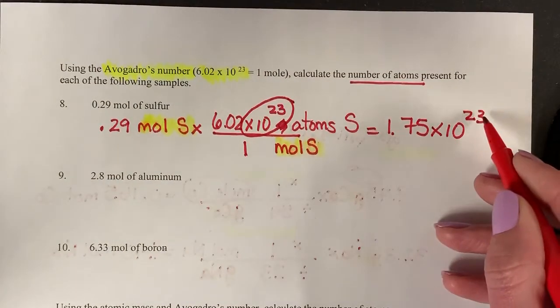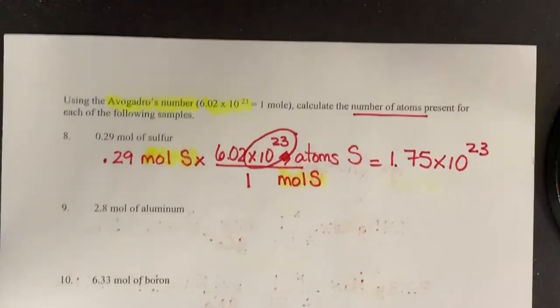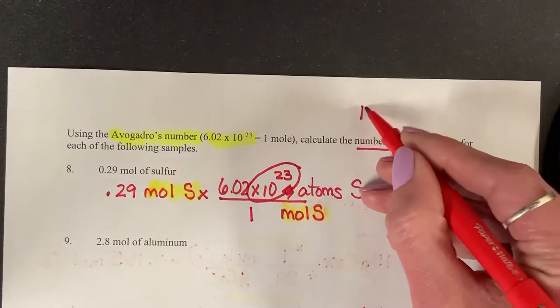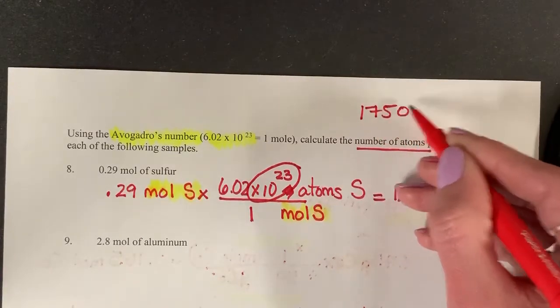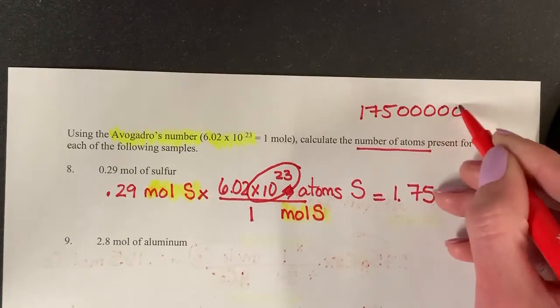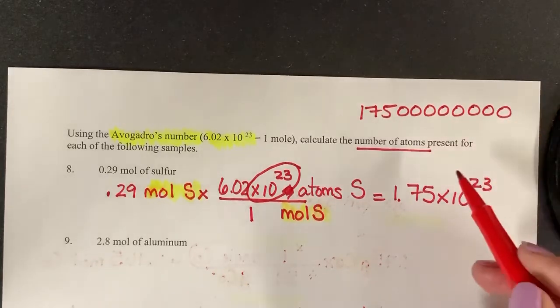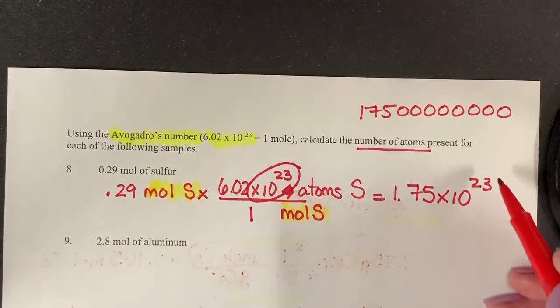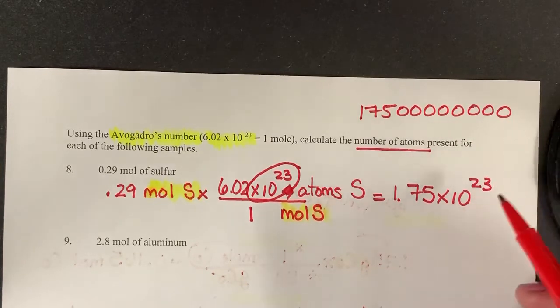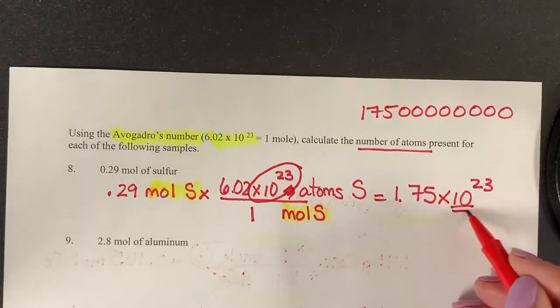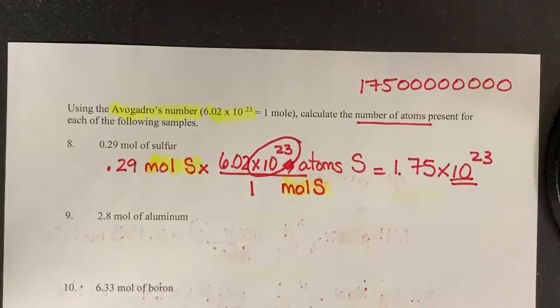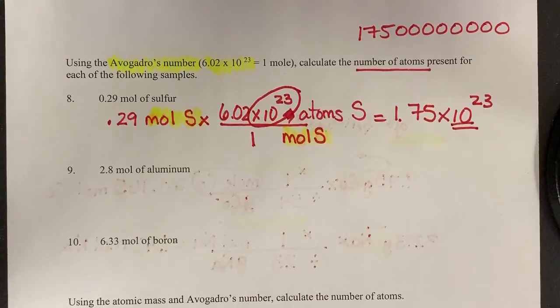This 10 to the 23rd is the same thing as saying that I had 175 followed by 21 zeros. So it's a huge number. So I cannot forget this. That's like somebody owing you $1.75 billion and giving you $1.75.